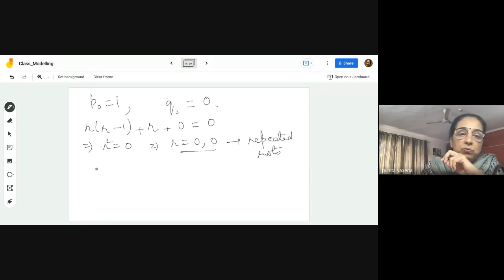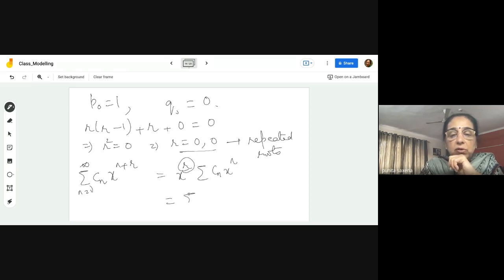So it is going to be definitely of the form summation Cn x to the power n plus r, n from 0 to infinity. Since r is 0, it's going to be something of this form only.